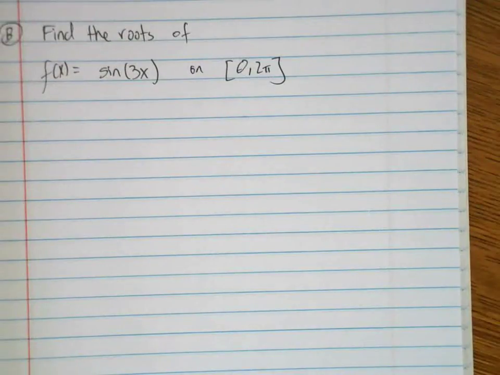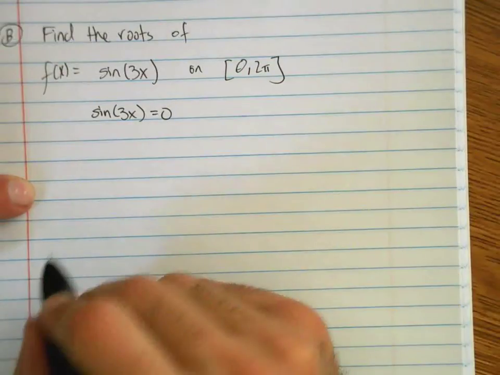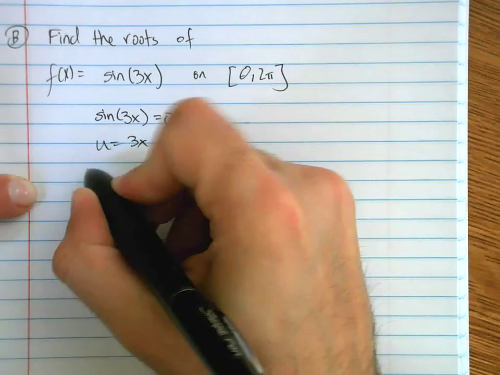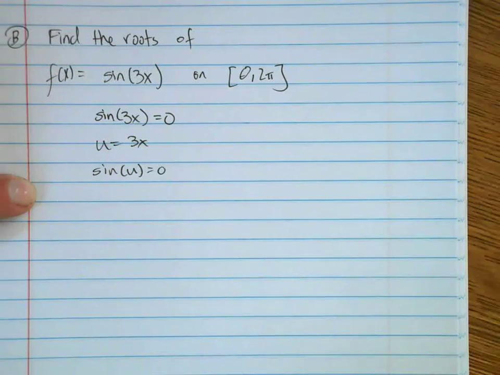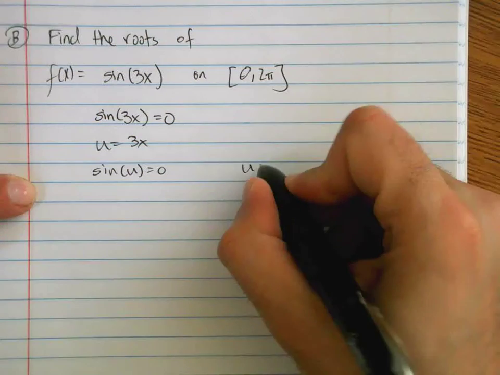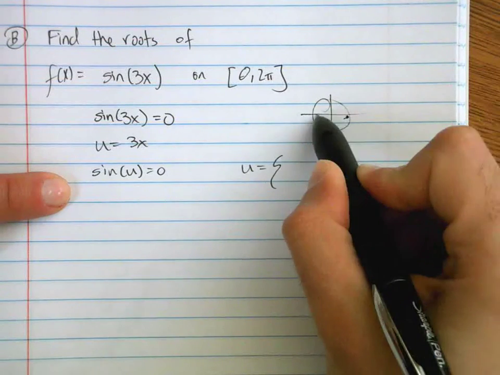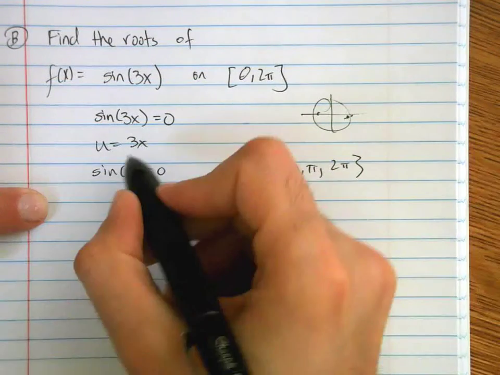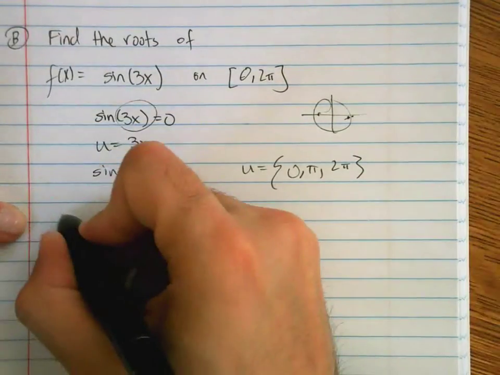So we have sine 3x equals 0. We're going to do the substitution, so we'll say u is 3x. So now sine u equals 0. Well, we just did that same problem, so we know that the solutions for u are 0, pi, and 2 pi. Now, what does the 3 do to the period? Well, it makes the period become 2 pi over 3.